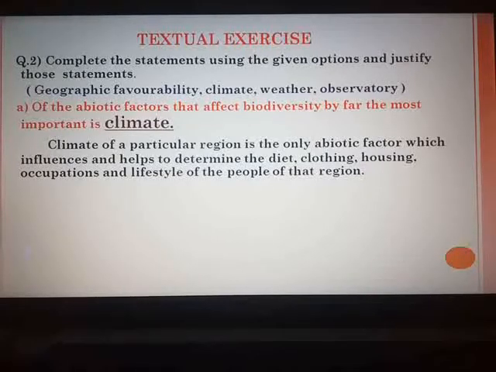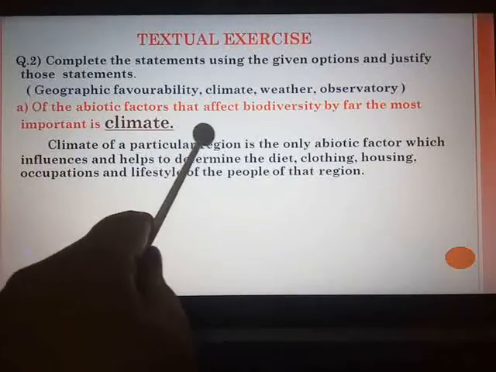In between, you can see one line, the first line of that paragraph: it influences our basic needs. Under the heading Changes in Weather, second paragraph, first line, towards the end of the line, "it influences" is given. So you will make a little bit of change there. You will write climate of a particular region.